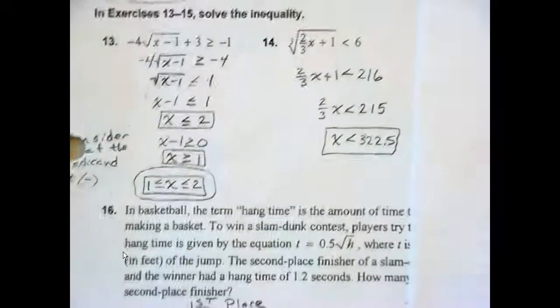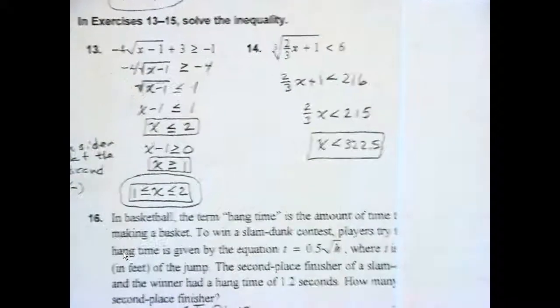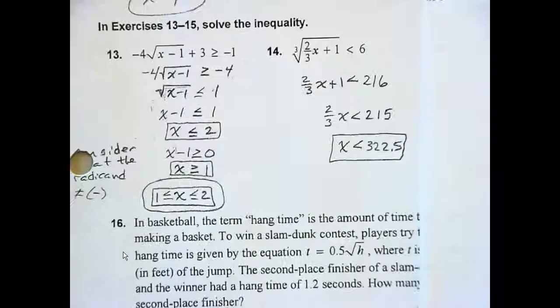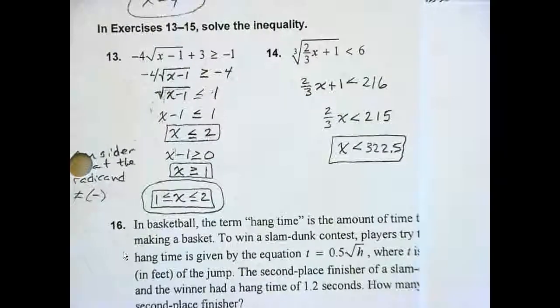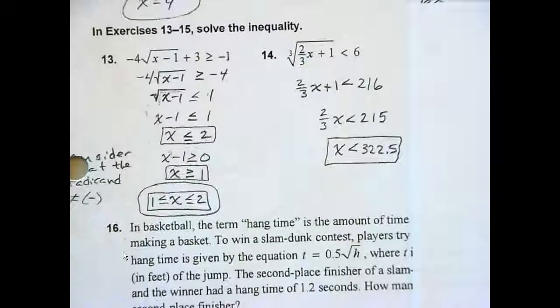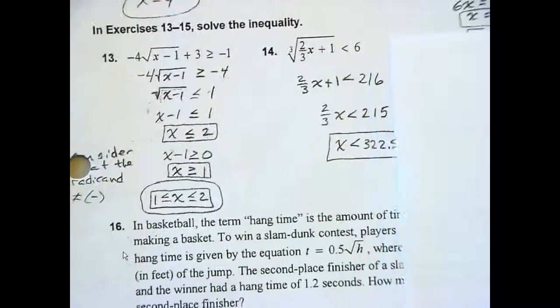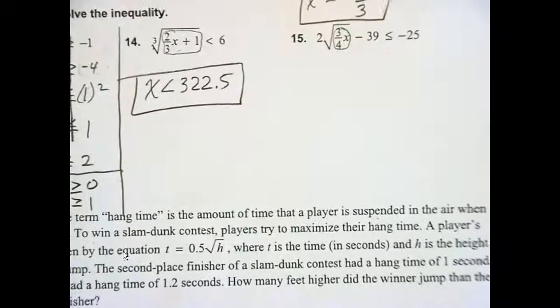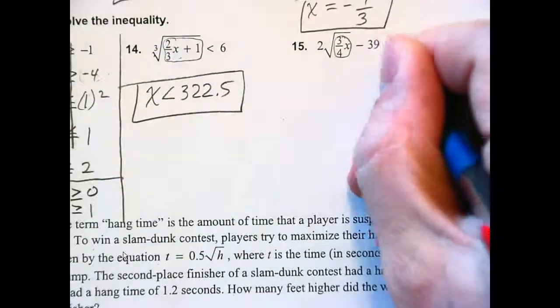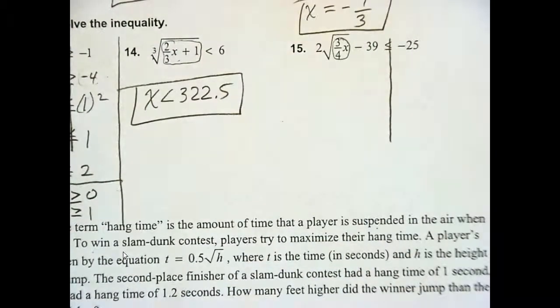There's the work for it. Any questions? Okay, the next one. Haley, did you get it? Okay. Go ahead and tell your neighbor what you got there. And if you didn't consider the radicand, you may want to think about doing it.